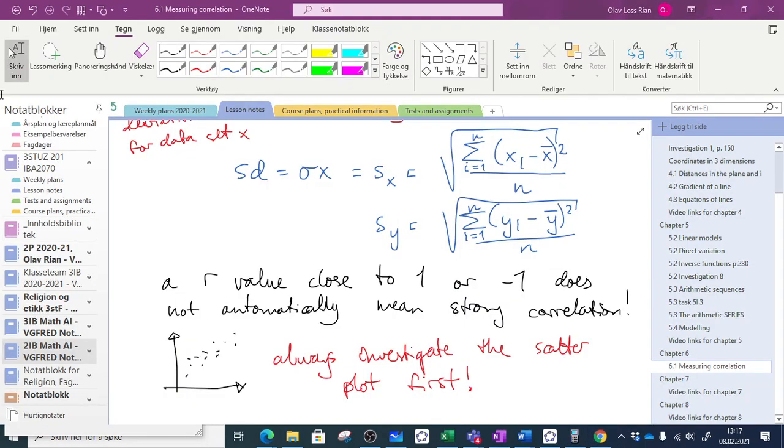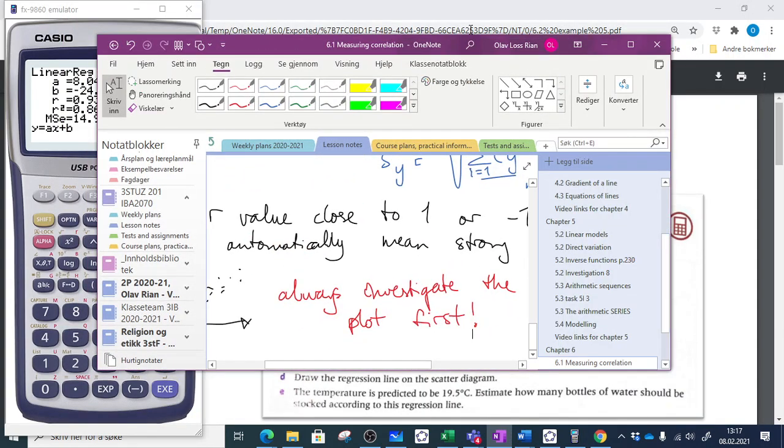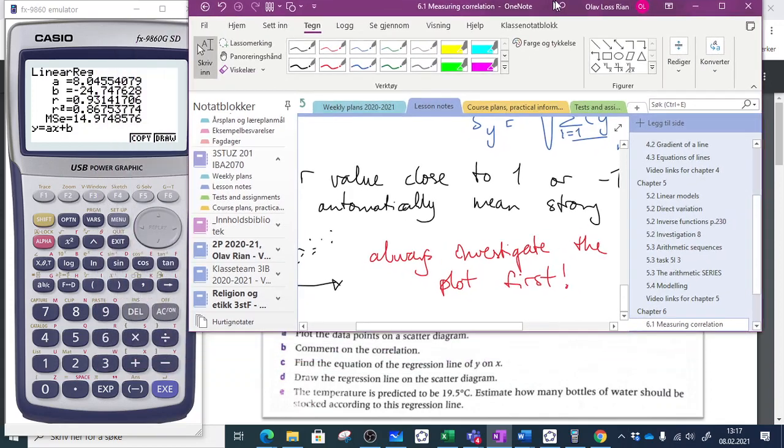Just going to change the view here so I can see both what I'm writing and the calculator at the same time.